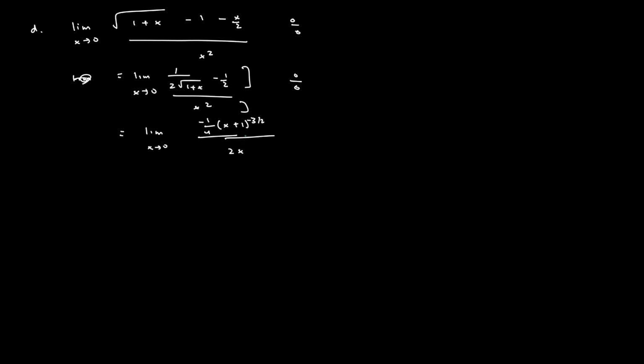Our denominator was 2x, and then over here our denominator is 2. Now, if you plug in 0, our numerator becomes minus 1 over 4 times 1, and the denominator is simply 2, so this is minus 1 over 8. So sometimes we have to apply L'Hopital's multiple times, but that's completely fine, and completely legal.